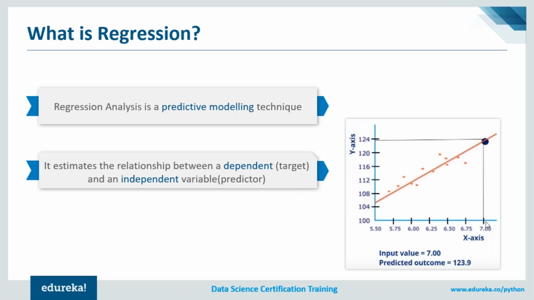Inversely, if somebody says I am looking for a property around 6,000 square feet, you would say it might cost anywhere between 1 crore 10 lakhs and 1 crore 12 lakhs, which is linearly proportional. Here, for 7,000 square feet, it concludes at around 1 crore 24 lakhs. So the input value is 7, and the predicted value is 123.9.